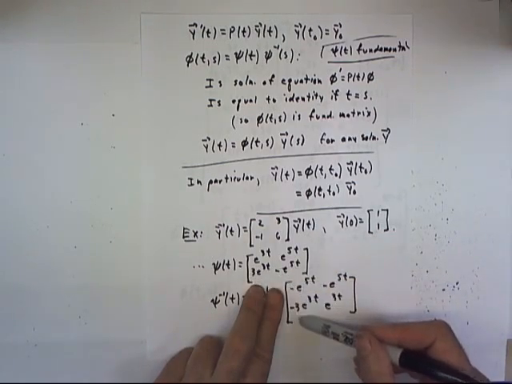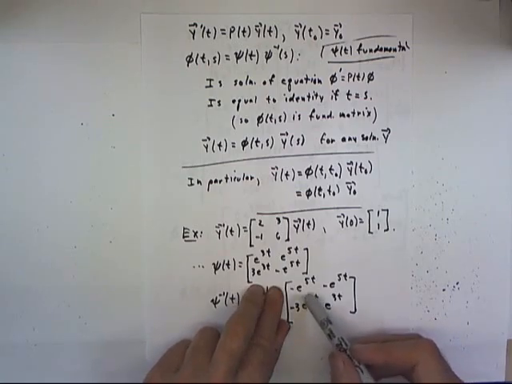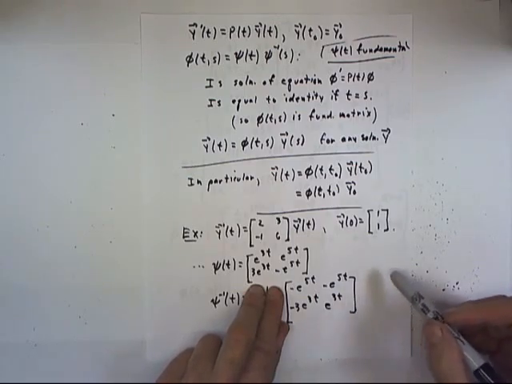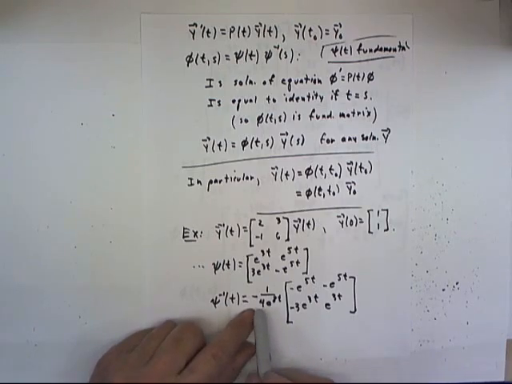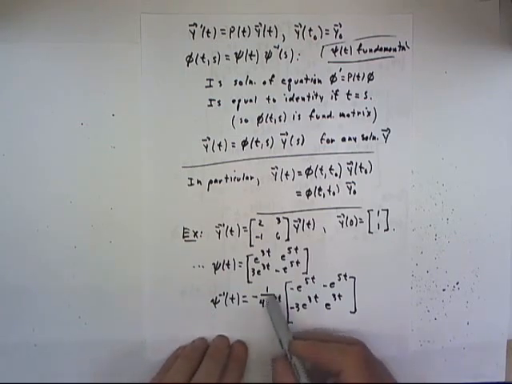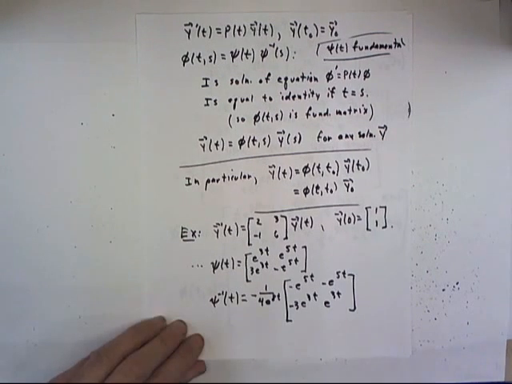This times this gives 0, and this times this again gives negative 4 e to the 8t. So the product has negative 4 e to the 8t on the diagonal and 0 off the diagonal. When we multiply by negative 1 over 4 e to the 8t, we get 1s on the diagonal, 0s off the diagonal, showing that these matrices are inverse to one another.